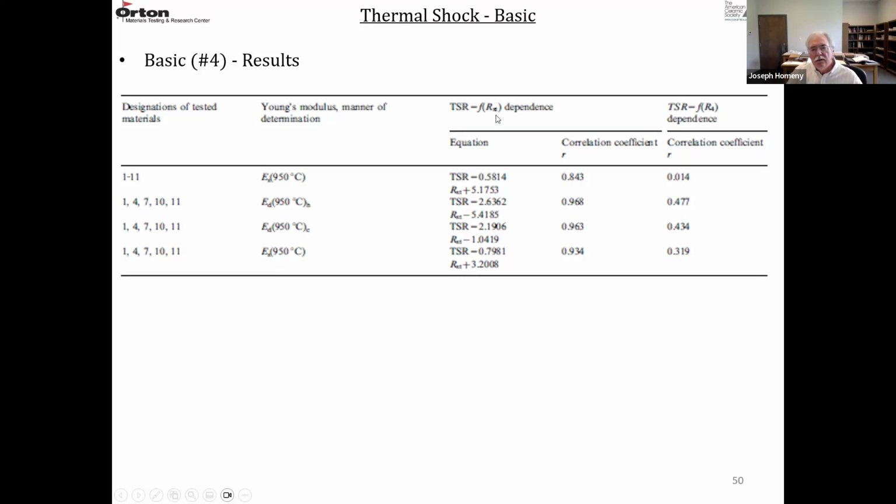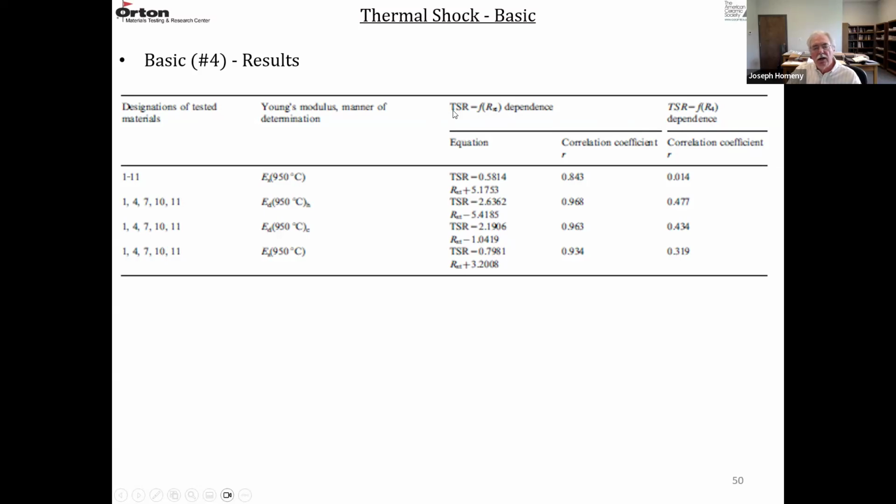So they look at two correlations here, one for R sub ST and one for R4 prime.